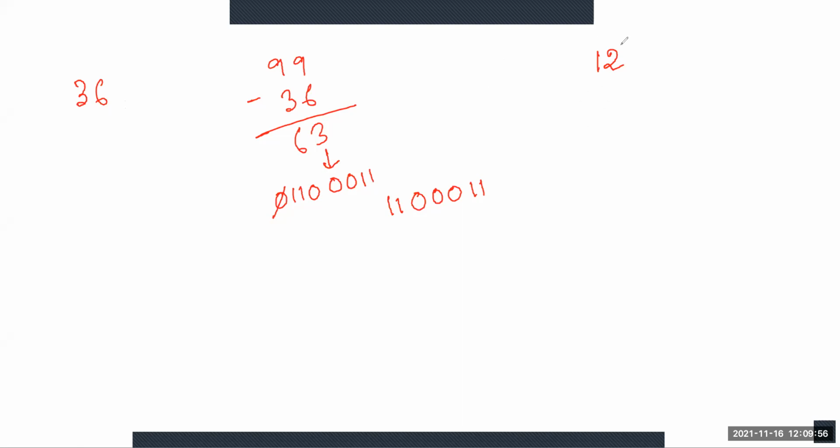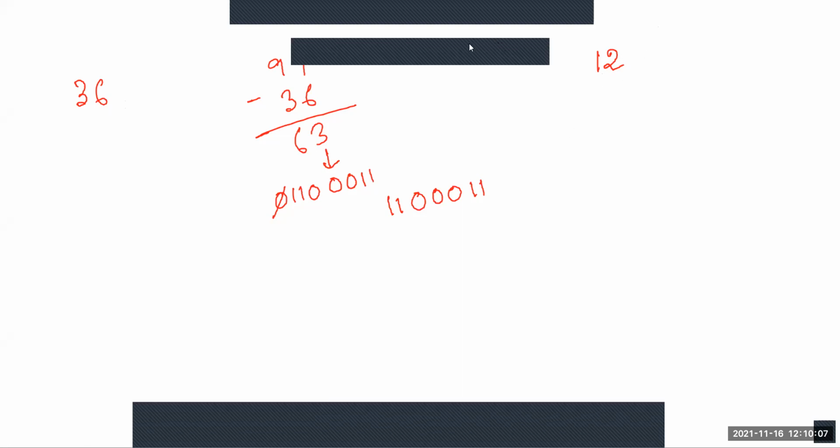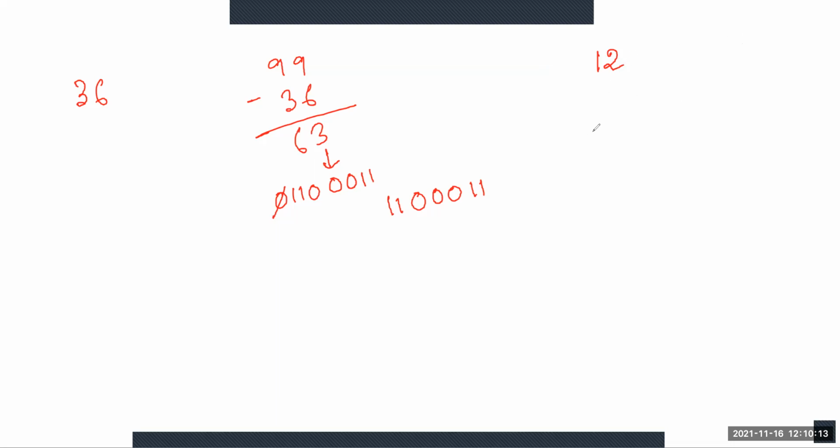So if the 12 is a BCD number, for subtraction we will calculate it as a decimal. So first we will find the nines complement of this 12. This is 9 minus 2, 7. This is 9 minus 1, 8. 87.